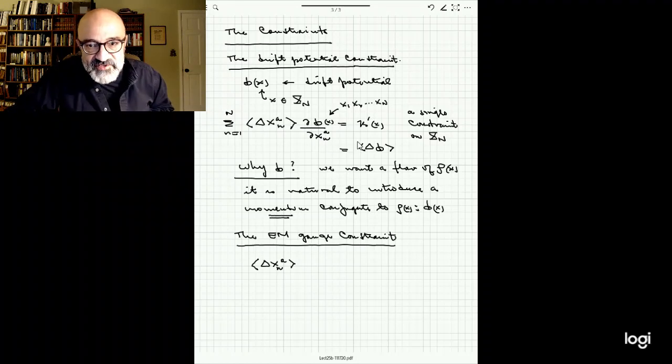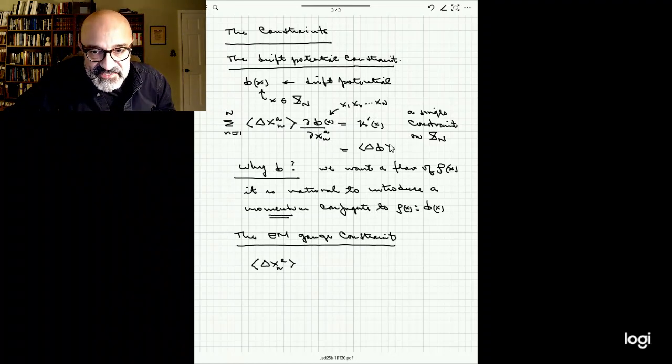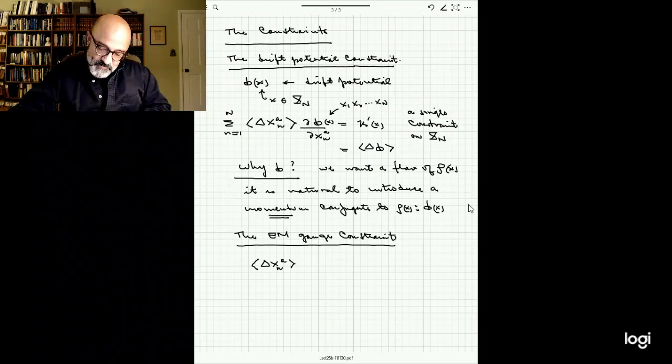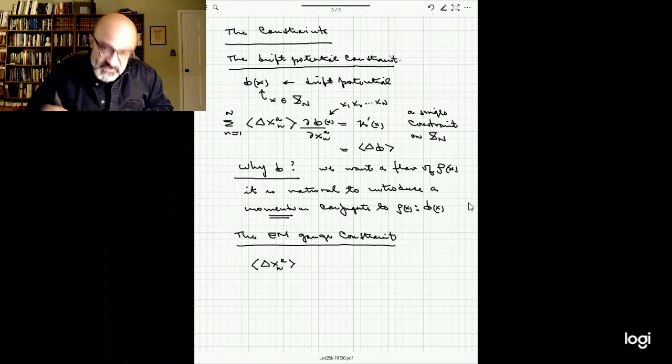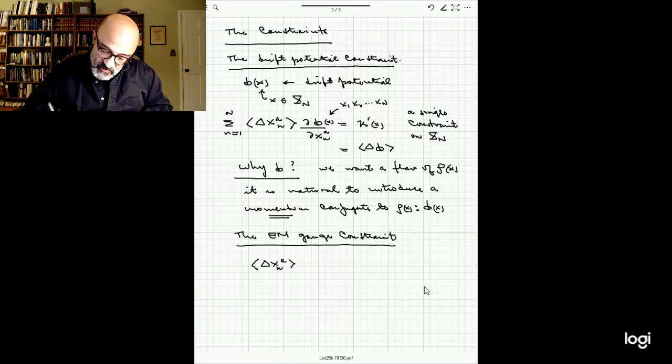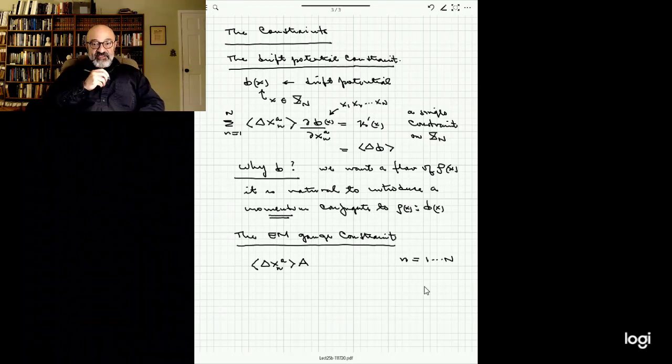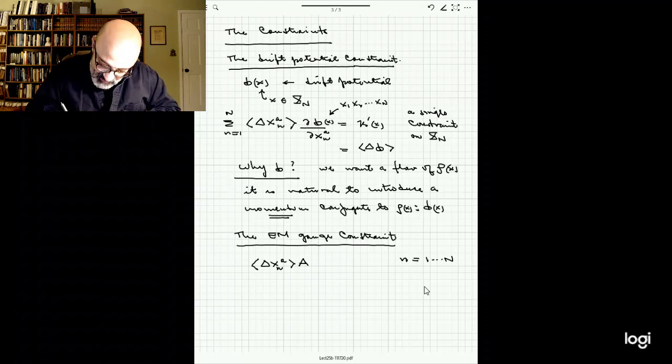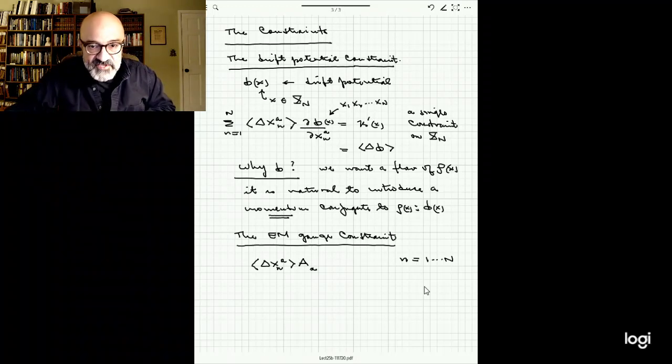Oh yeah, my previous remark that this was the change in phi must have confused you. It's only when I sum over all that I get this constraint. Very good. Here, however, we're going to say for each particle we have n constraints. So this is one constraint for each particle. We're not summing over n, and I'm going to say that there is an external field that, of course, we're going to identify with a vector potential at some point.